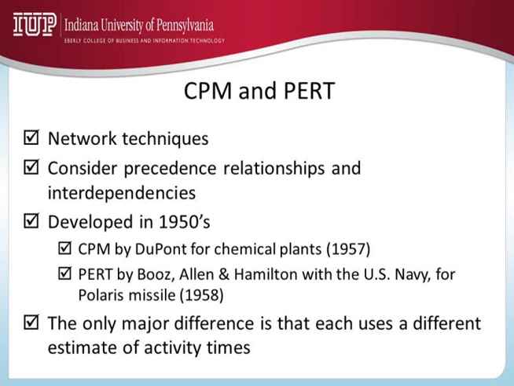Whereas in PERT, for the same activity, I will have three different estimates. An optimistic estimate, which will be less than 20 days. So if everything goes perfectly well, then you may complete that particular task in 16 days.